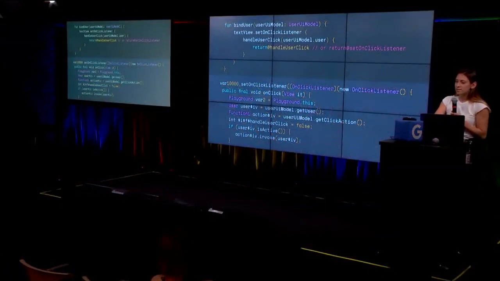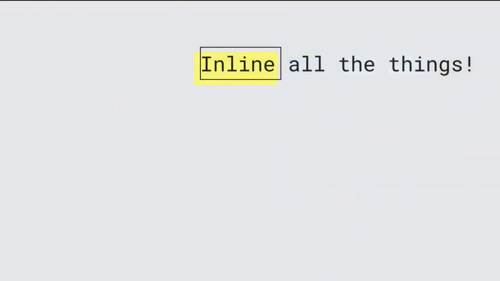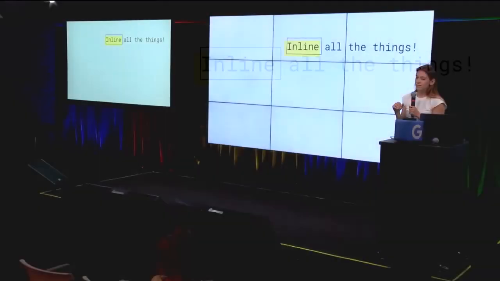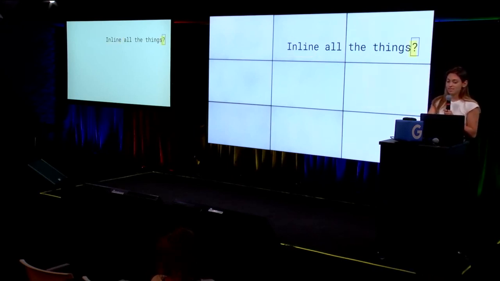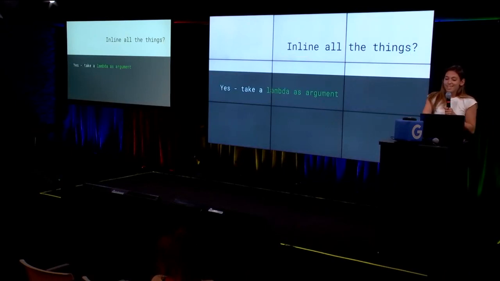OK, so this means that because our code gets copied and because now we get fewer objects being created, we should inline all the things, right? Right? Well, yes and no. So yes, if you're taking a lambda as an argument.